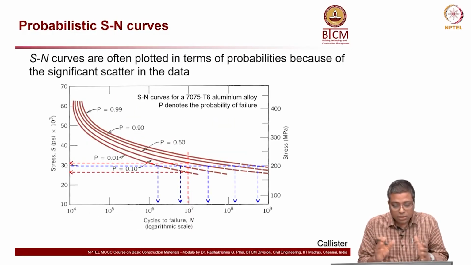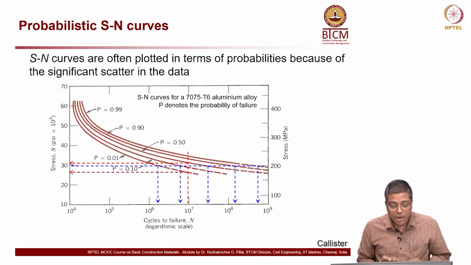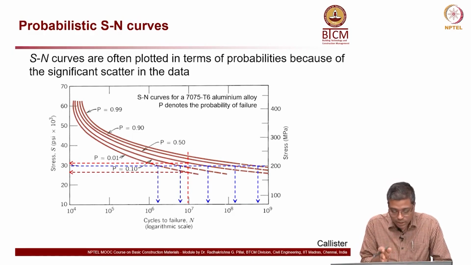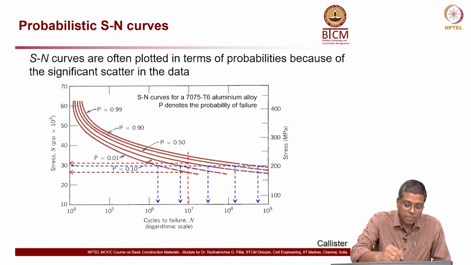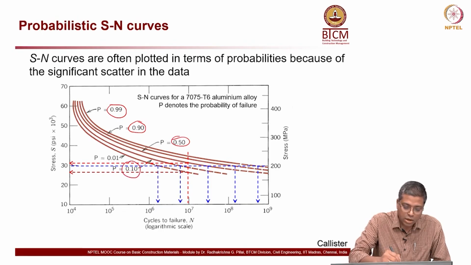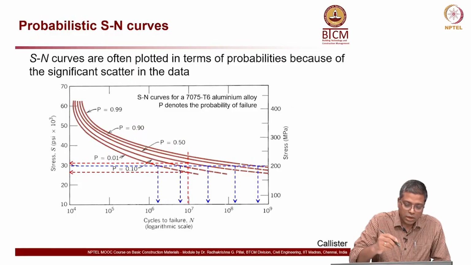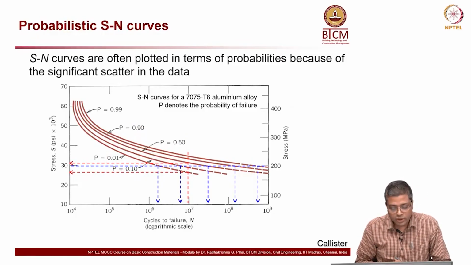Now, these are graphs made based on the type of data obtained previously, like in the previous slide. Then you draw these different curves associated with different probabilities of failure: 0.99, 0.9, 0.5, 0.1, 0.01. Okay. So, I have 5 curves here indicating different probabilities of failure.